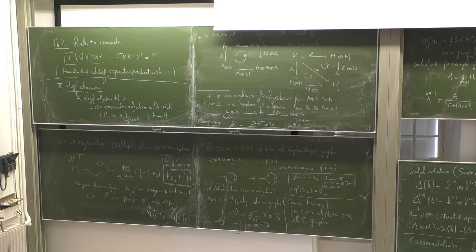And the axiom of the antipode says that the identity has an inverse for the convolution product, usually written S, and so it's defined by this property.